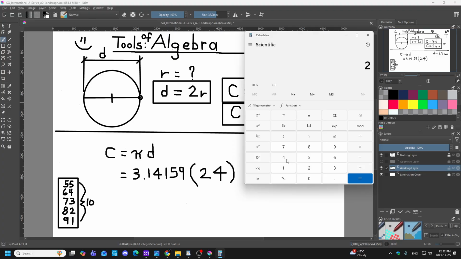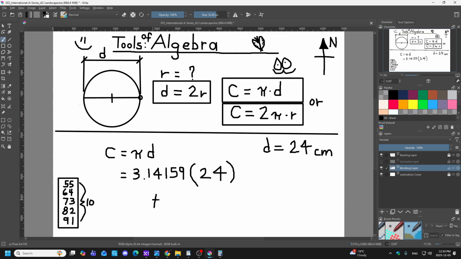All right, 24 times, and I'm going to use the pi symbol. Okay, and it gives me the total, like that many. We don't need that much accuracy. Again, they're asking us to give the final answer to the nearest tenth, right? This is the ones place, and to the right of the decimal is the tenths.